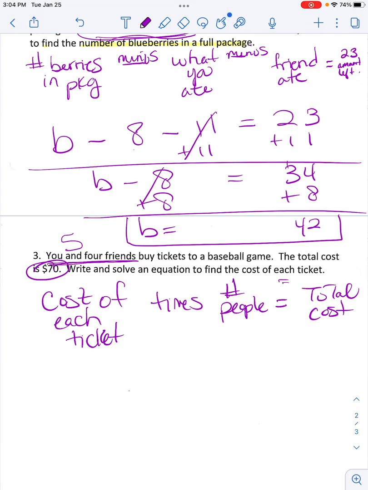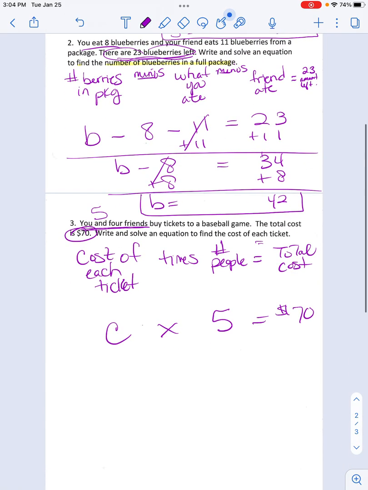Okay, so the cost of each ticket times the number of people going is $70.